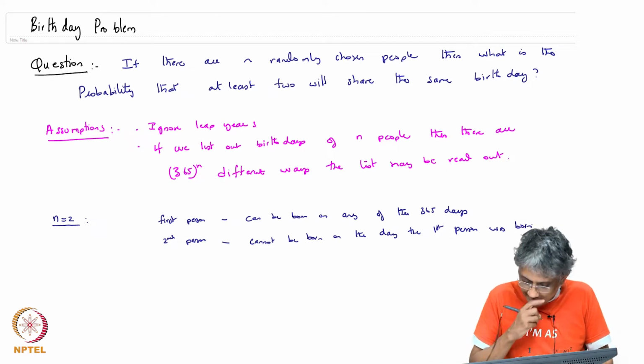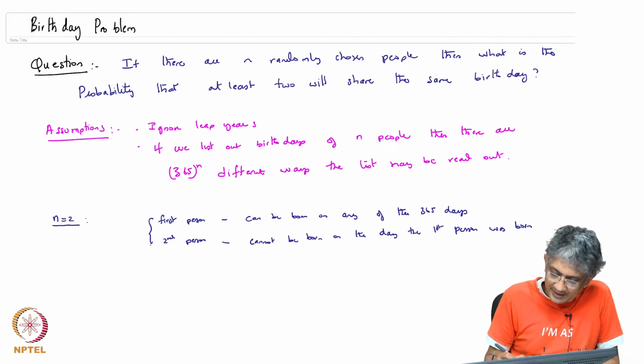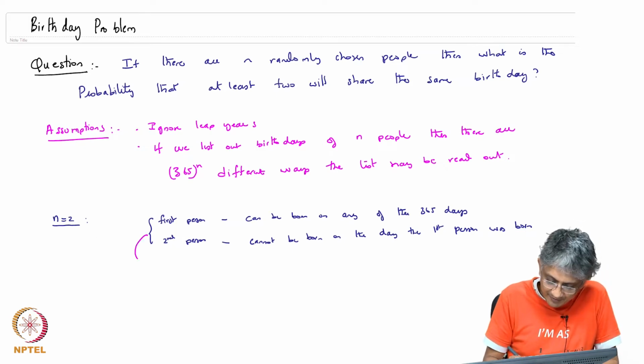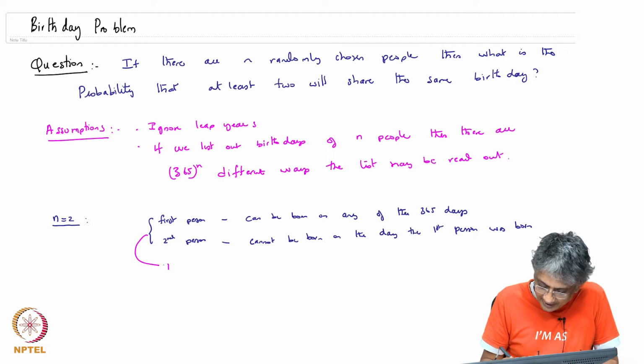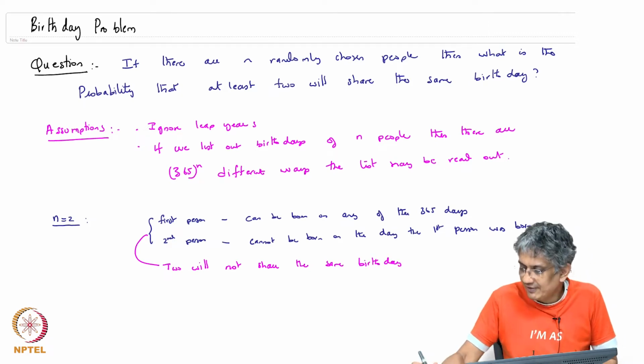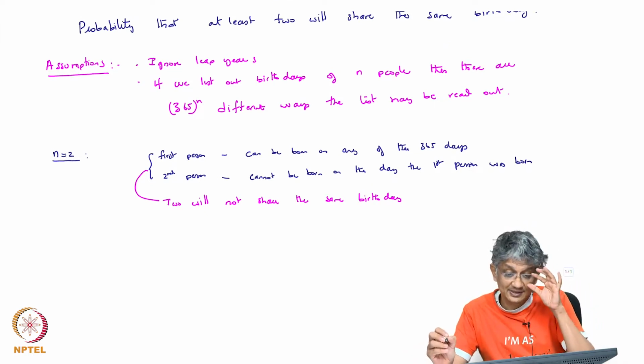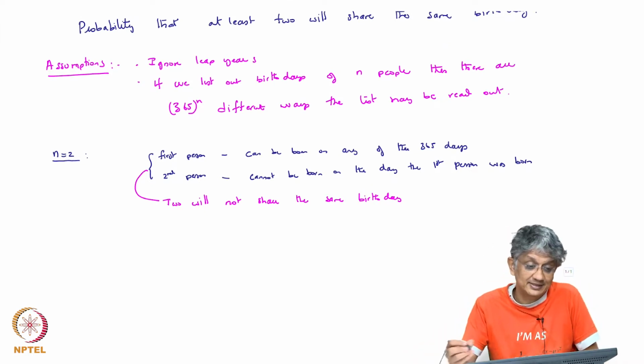This calculation will imply that the two will not share the same birthday. Correct. If the first person is born on day X and the second person is not born on day X, then the two people will not share the same birthday.